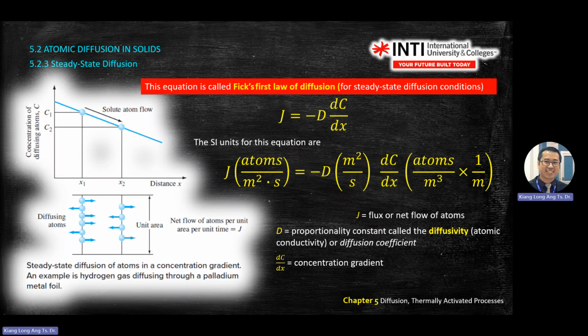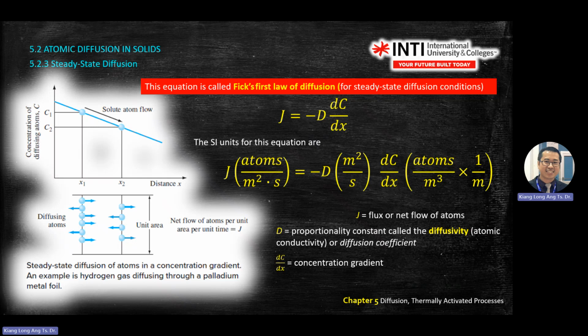If you break down the unit, J is atoms per meter square per second. J is the flux or flow of atoms. So how many atoms go through per meter square, which is the area? If you draw it in three dimensions, it's how many atoms go through this 2D plane in meter square per second.